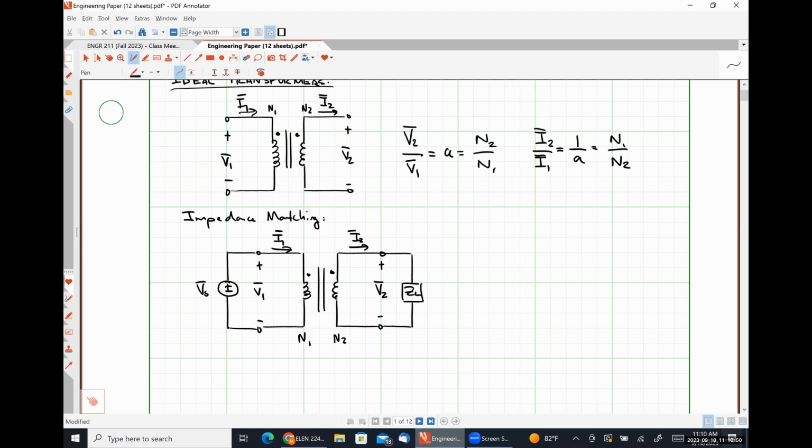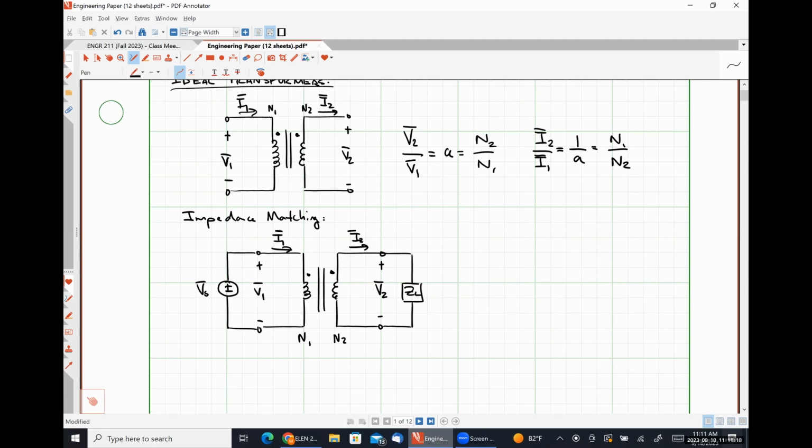This voltage V2 divided by this current I2, because that's all impedance is, the ratio of phasor voltage to phasor current. Now we express that current I1 in terms of the current I2 using the relationships that we detailed here.